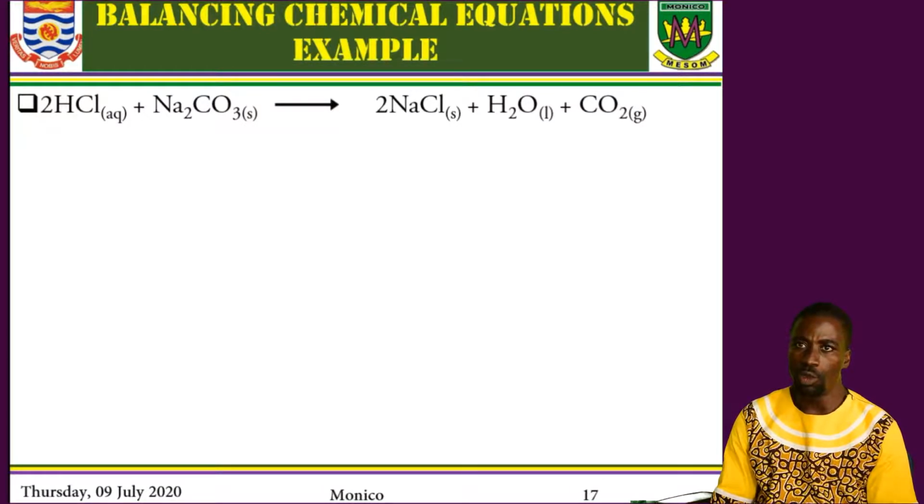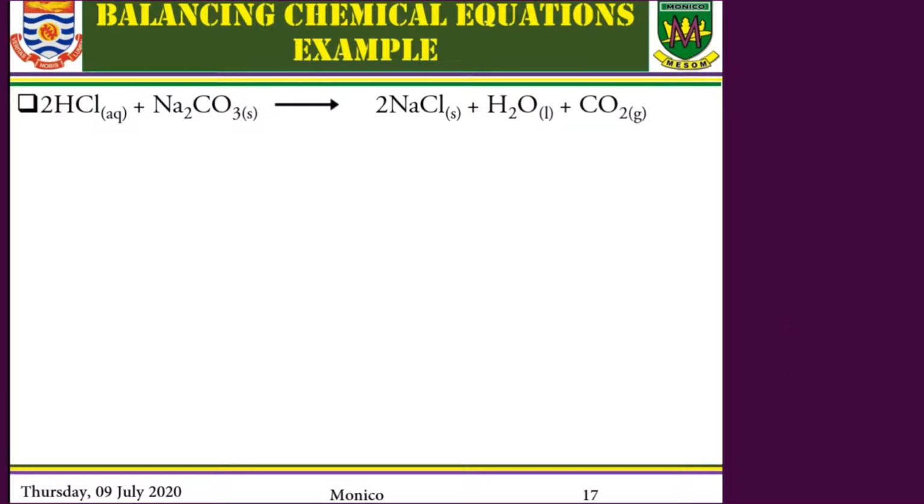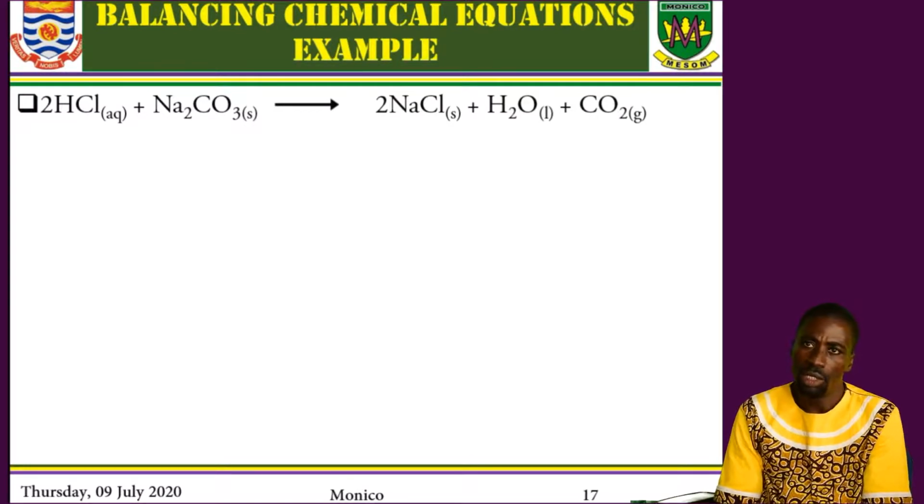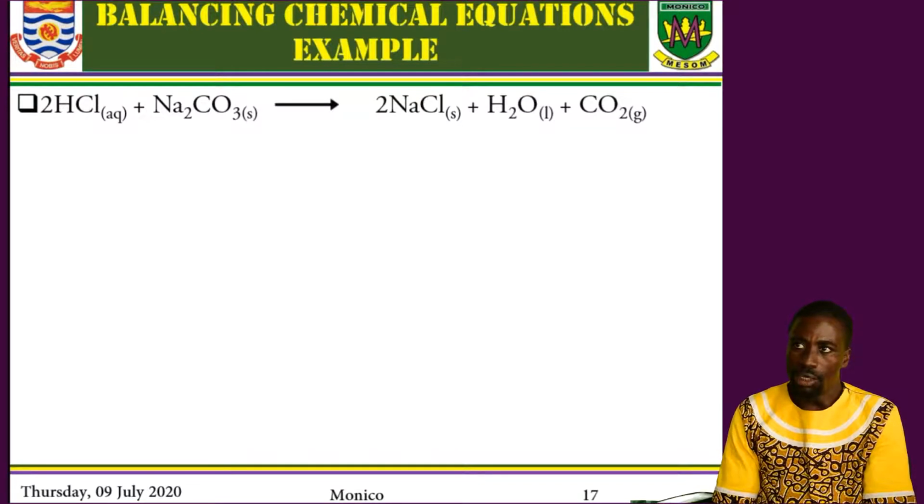But before we even go into balancing, the question is: is this particular equation balanced? So you need to take inventory, as we saw in the video. When that is done, you see what to do.